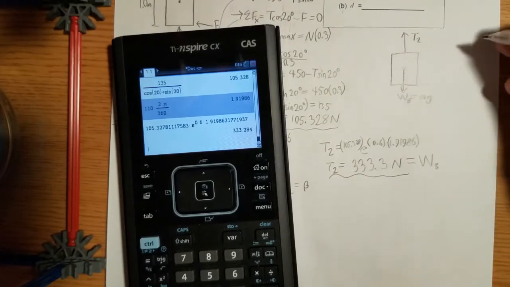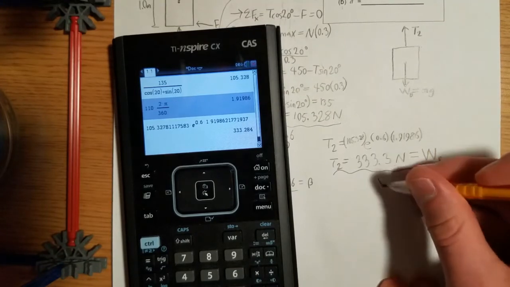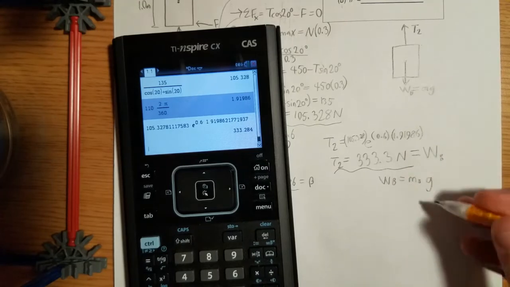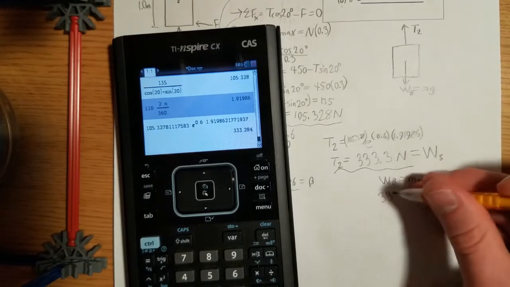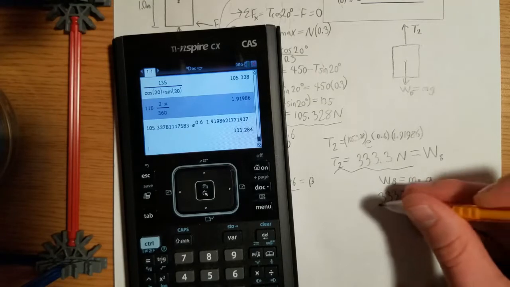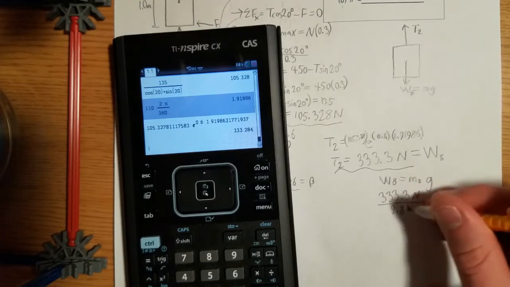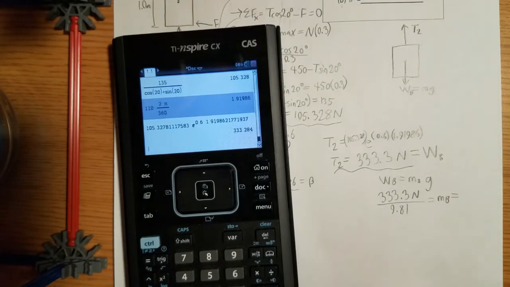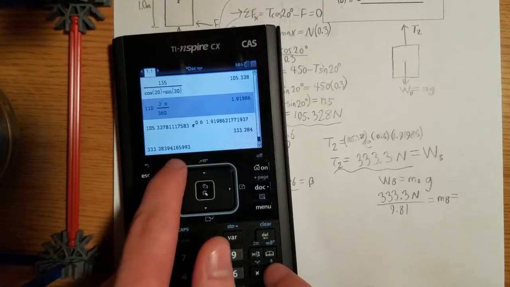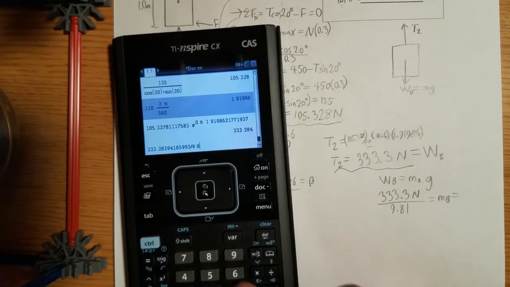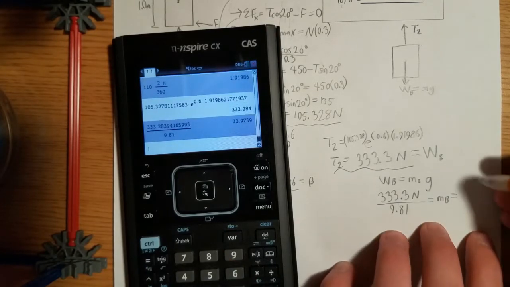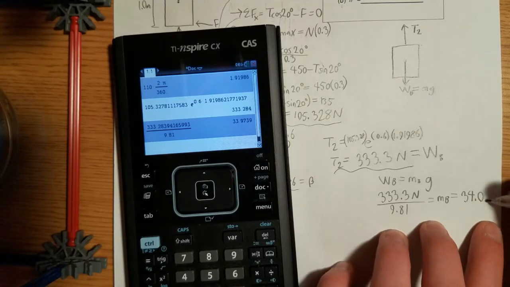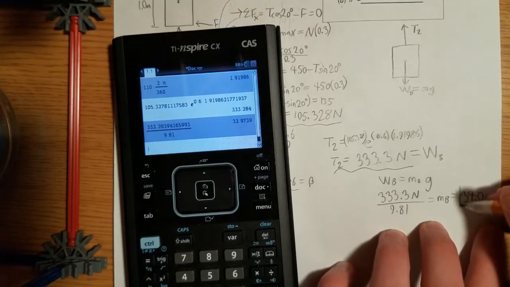And so, as we have here, WB is equal to MB times g, or 333.3 newtons divided by 9.81, gravity, is equal to the mass of block B. We get 34.0 kilograms is what we've got.